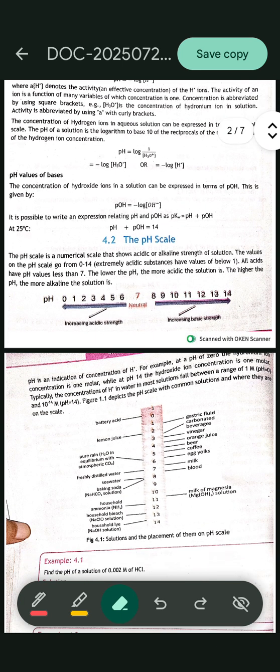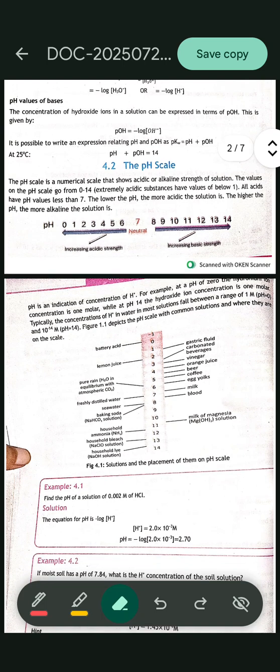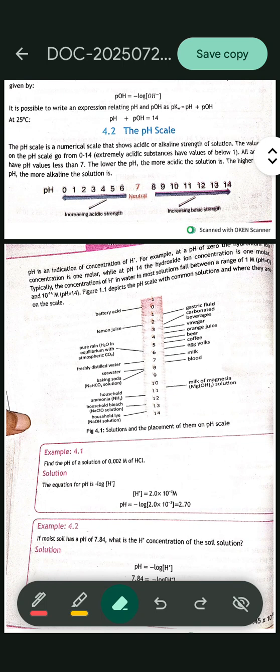Now we have the pH scale. The pH scale is a numerical scale that shows the acidic or alkaline strength of the solution. The value on the pH scale goes from 0 to 14.